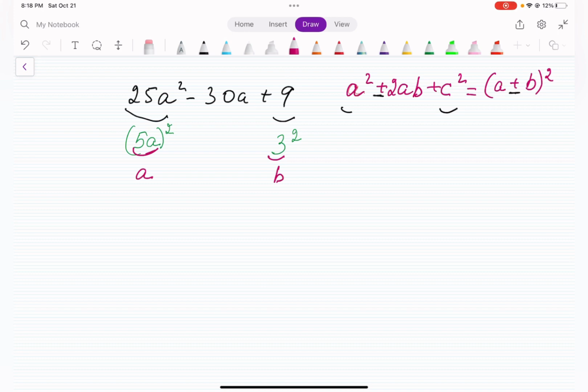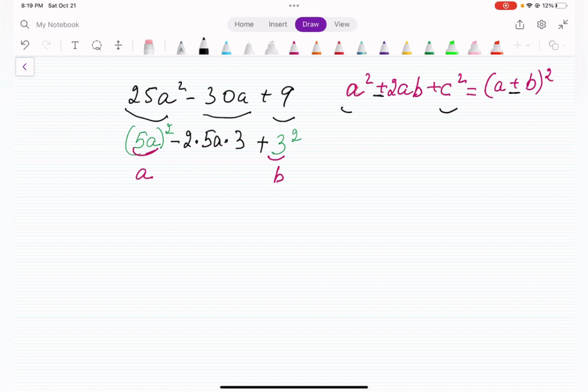Okay, now let's check if we have indeed 2ab. Since it's minus, I'm going to use minus 2 times a times b. My a is 5a and my b is 3. If it makes negative 30a, then indeed it's a trinomial following the formula. So 2 times 5, 10a, times 3 is 30a.